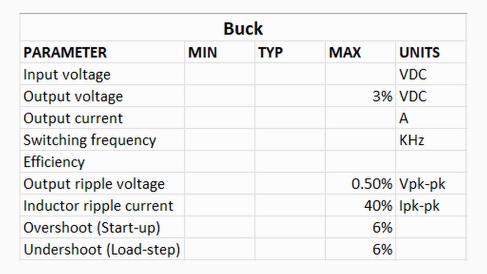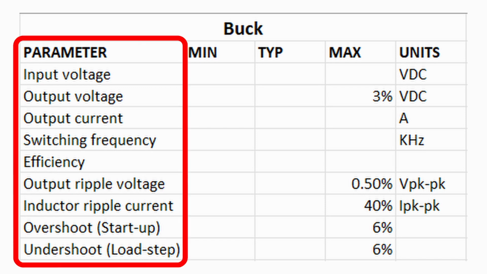I have organized it by different topologies, but there are a lot of similarities between the sections. Using the buck converter template as an example, let's start with an overview of the table. So the leftmost column will be the list of all of the different design parameters for our power supply. These are going to describe the specific metrics that characterize and describe the performance of our design.